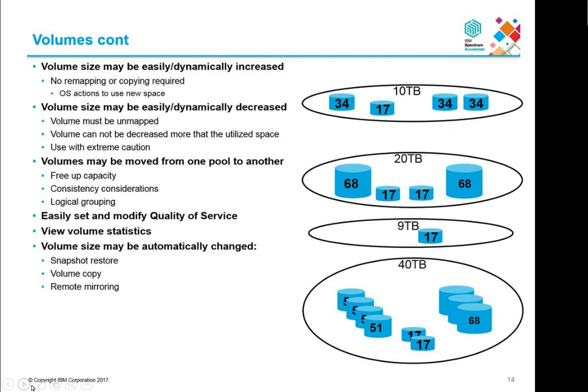If I've done a snapshot, made that snapshot writable, increased the size of the snap, and then I restore to the volume, that restore will change the size of the volume. Same thing with volume copy. Same thing with synchronous mirroring. I can change the size of a master in a synchronous mirror relationship and it will automatically change the size of the subordinate.